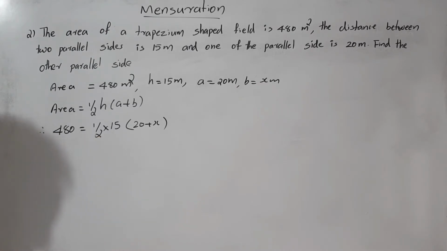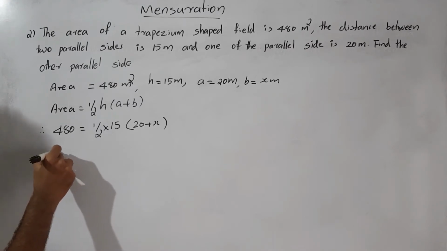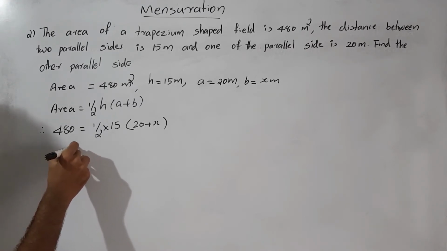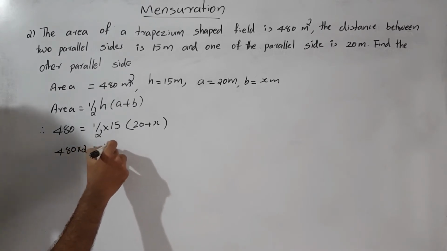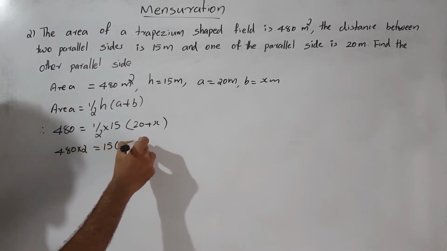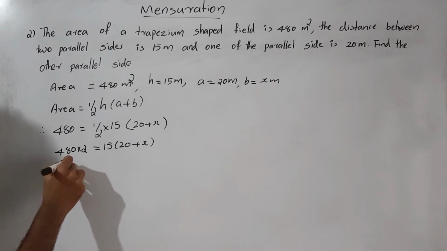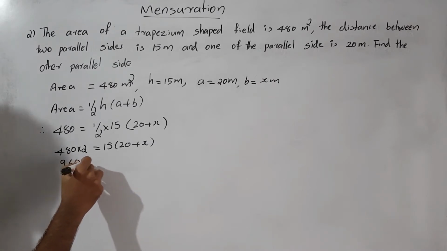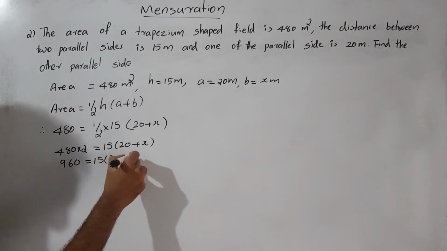Then what do we get? 480 into 2 is equal to 15 into 20 plus x. Then 480 into 2 gives 960, so 960 is equal to 15 into 20 plus x.